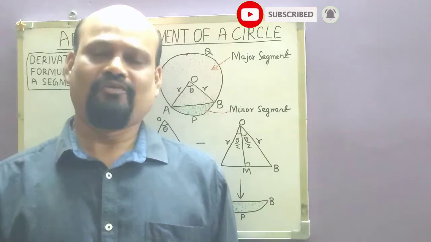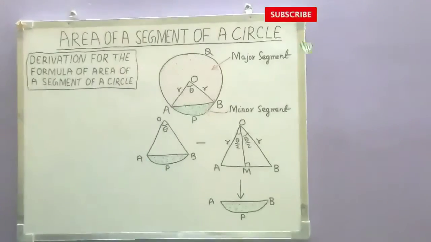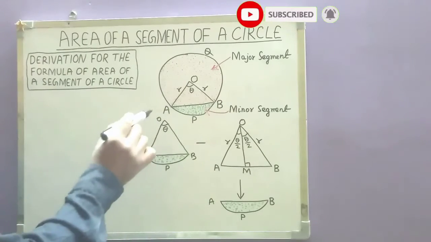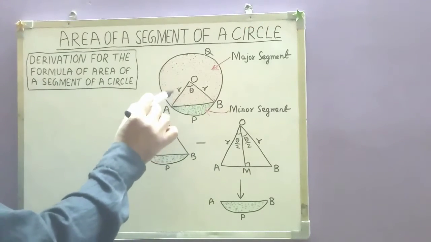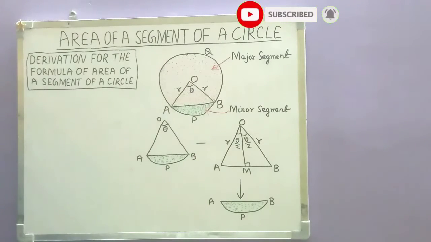Now let us know how to derive the formula for the area of a segment of a circle. Let R be the radius of the circle with center O and theta be the angle of the minor sector OAPB.